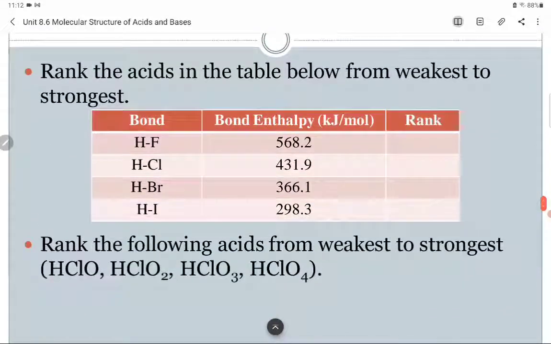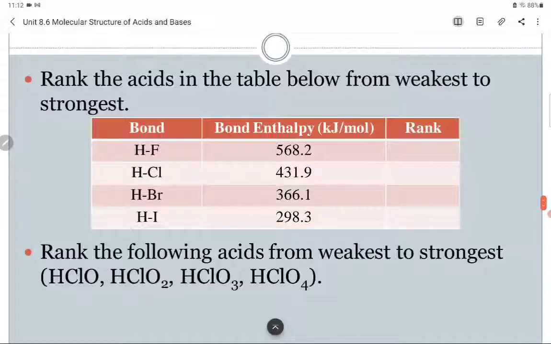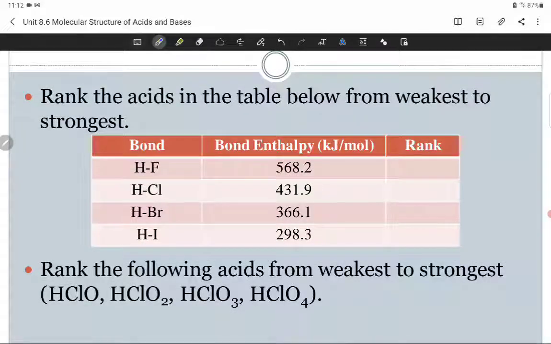Here is a question that deals with the bond enthalpies. So remember that if the bond is very, very strong, it's going to be very difficult to get the H positive to pop off of there, and it's going to be a weaker acid. So this is the weakest bond, so this would be the strongest acid.